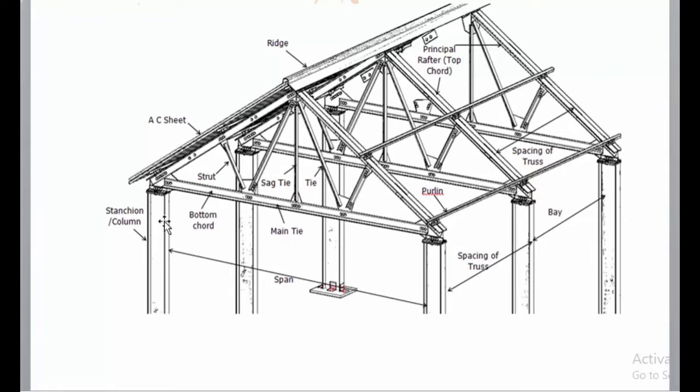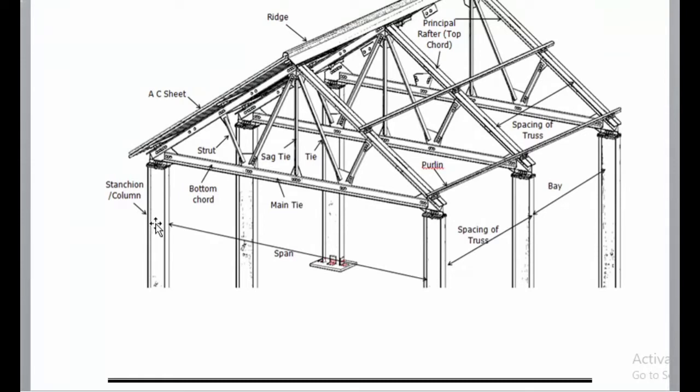Here you find the column sections which are subjected to compressive force. These column members are made of rolled sections, and these rolled sections are called stanchions.